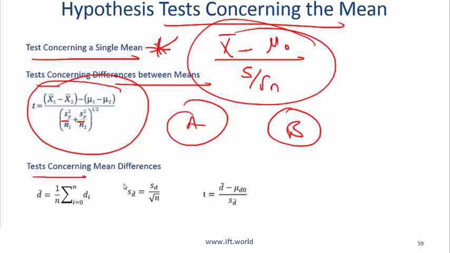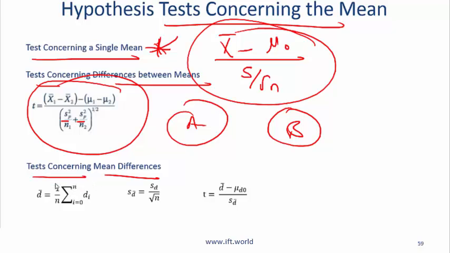You can also have tests concerning mean differences. The classic scenario that I use in my regular lecture is that you want to evaluate whether the return on Ford Motor Company and General Motors is different. So for every month or every period, you look at the difference between Ford return and GM return. So that then becomes what you are evaluating, the difference.